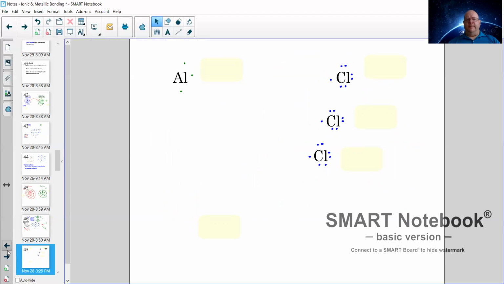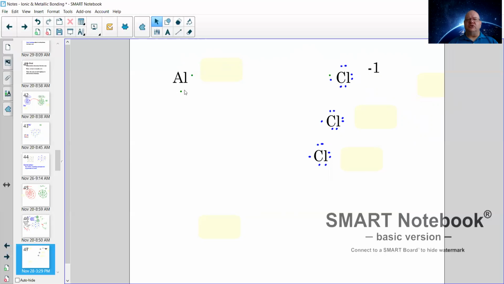Continuing. All right, I got aluminum and chlorine. What's going to happen here? Well, each chlorine has 7 valence electrons. Aluminum has 3 valence electrons. Aluminum would like to get rid of those electrons. Chlorine would like to gain electrons. Okay, so if chlorine takes an electron away from aluminum, oh, now that chlorine's got 8 valence electrons, it's gained 1, so it is now a chloride, single negative ion.